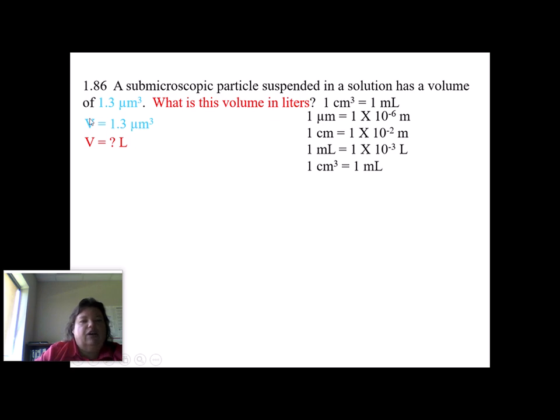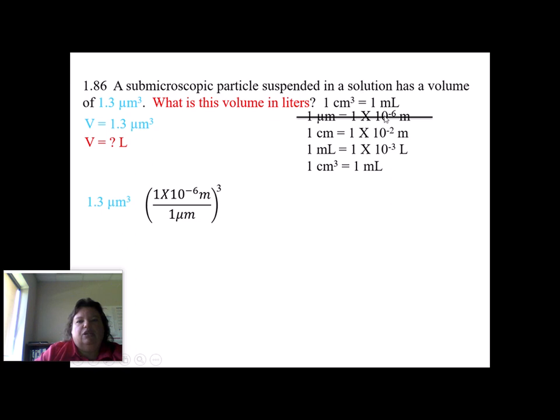Again, I'm going to start out with the value given, 1.3 micrometers cubed. Okay. And which one of these conversion factors over here has micrometers? It's the top one. Okay, and so do I want micrometers to go on the top or the bottom? Since that's the one I want to cancel, it's going to go on the bottom. Now this one's different in the fact that this unit right here is cubed. Not the whole expression, but this unit is cubed.